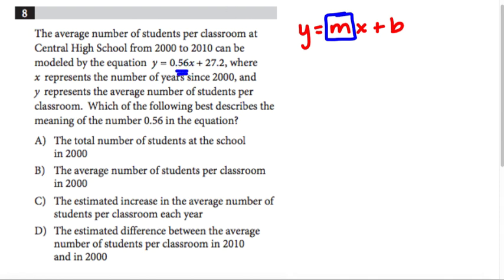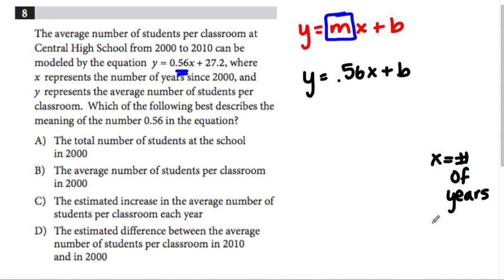Now, if you've watched any of my videos on linear functions in real life examples, I said that when you're thinking about the slope, it's really important to think that for every 1 x, y is being changed by whatever that slope is. So x is the number of years and y is the average number of students. I'm writing those down just so you can see them.